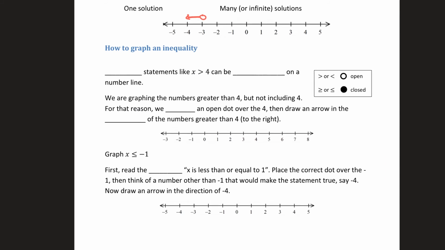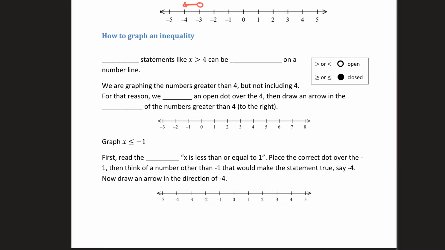So, how to graph an inequality. Graphing statements like x is greater than 4 can be accomplished on a number line.